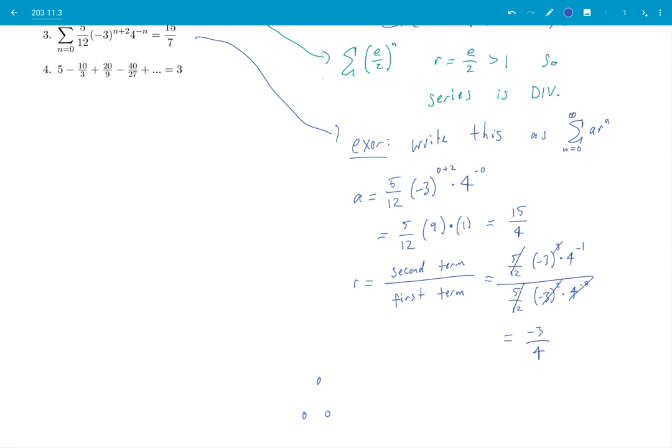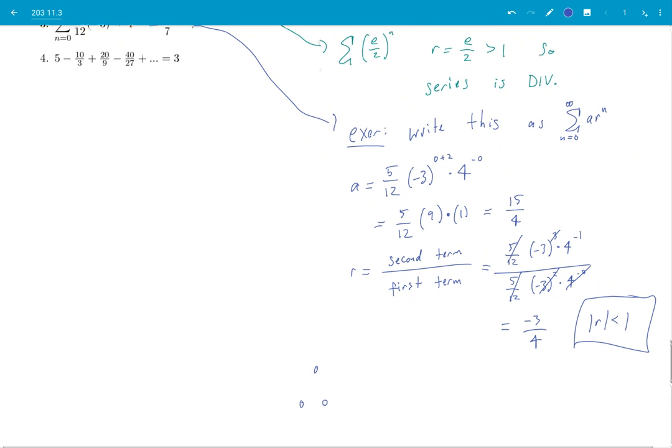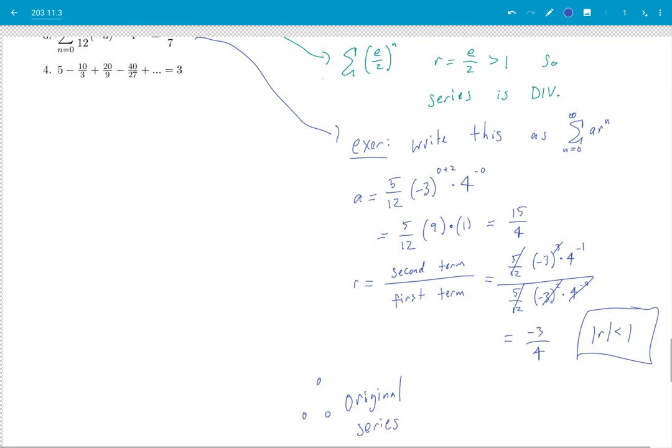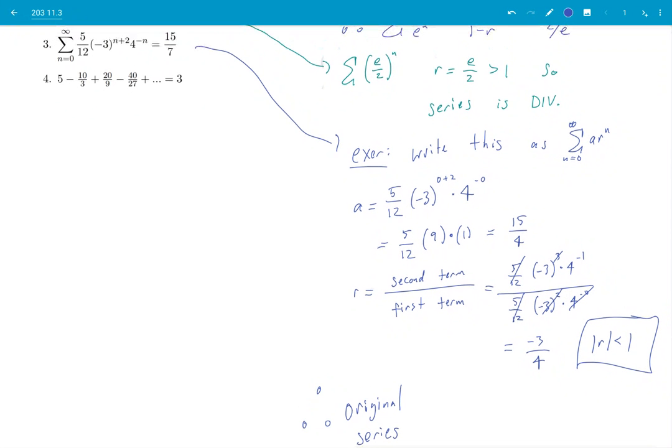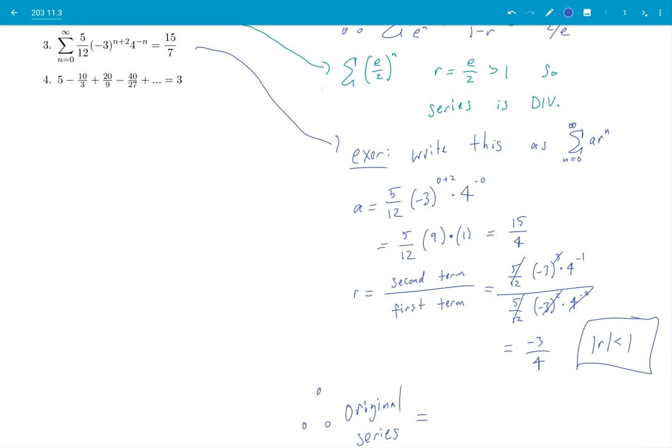So now I'll say, well, this is between minus 1 and 1. So I can use my formula. So the original series, by which I mean this guy circled in blue up here, I just don't feel like writing it again, is equal to a over 1 minus r.